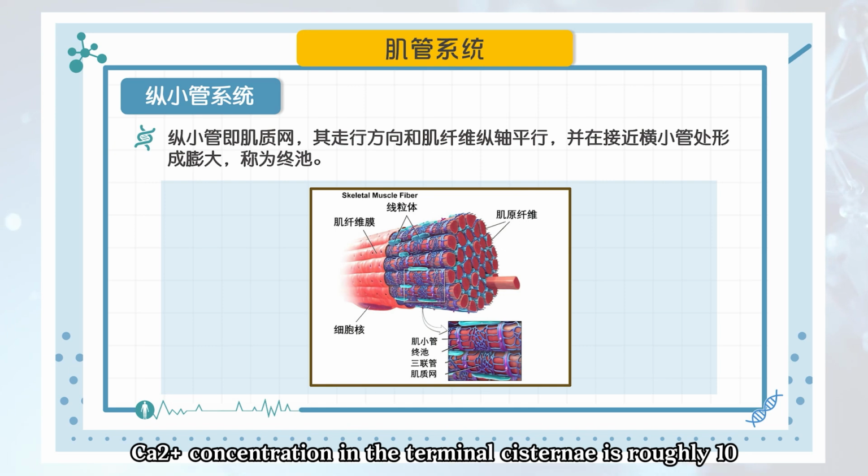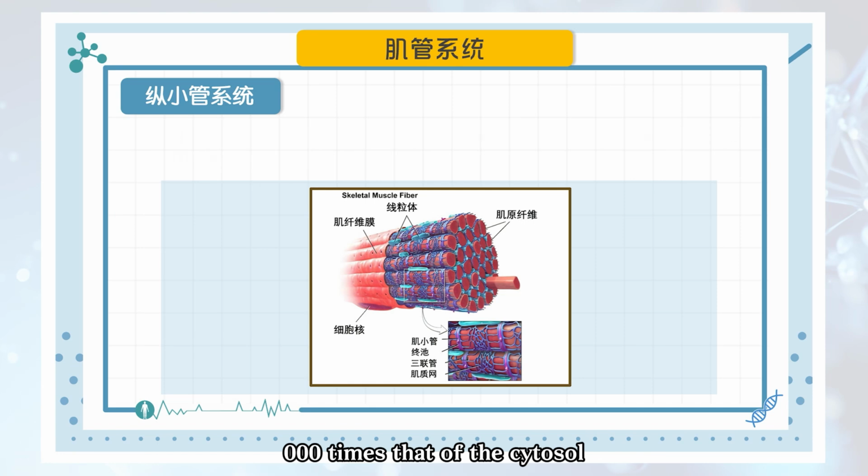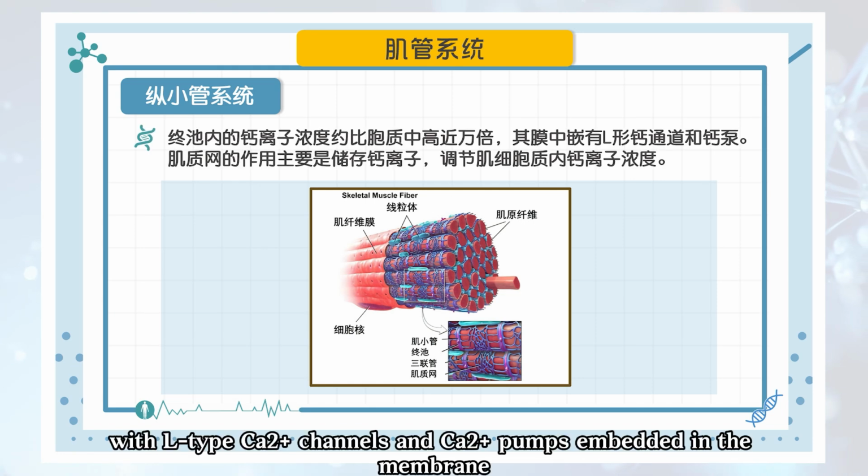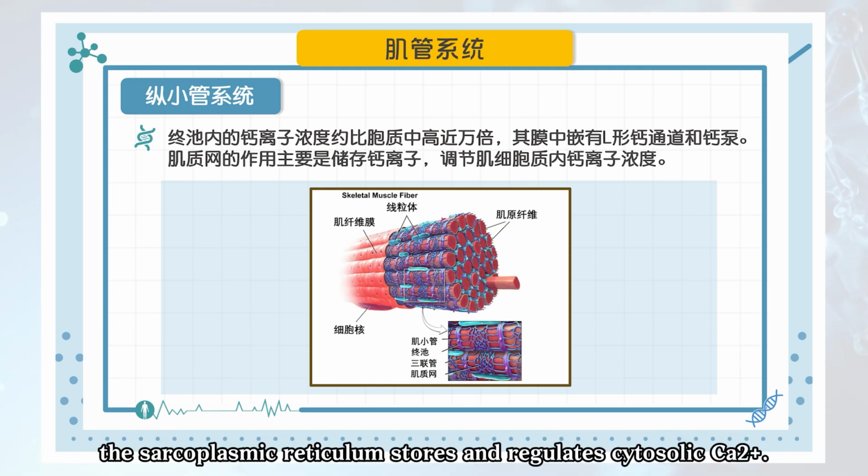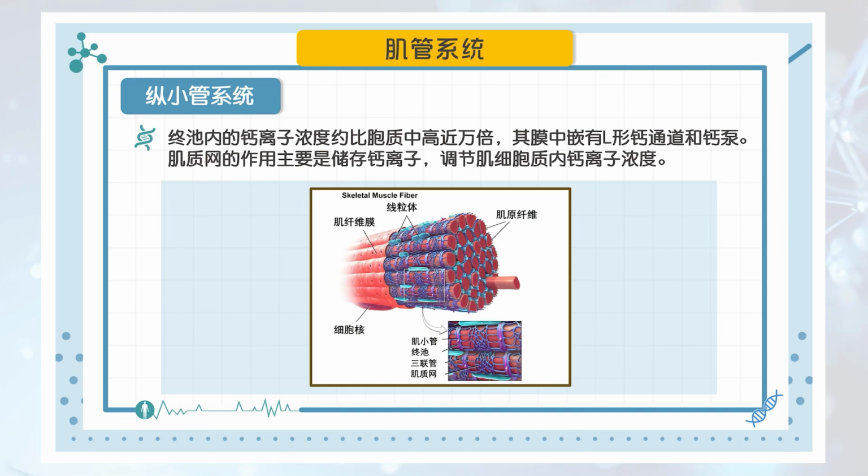Ca2+ concentration in the terminal cisternae is roughly 10,000 times that of the cytosol, with L-type Ca2+ channels and Ca2+ pumps embedded in the membrane. The sarcoplasmic reticulum stores and regulates cytosolic Ca2+.